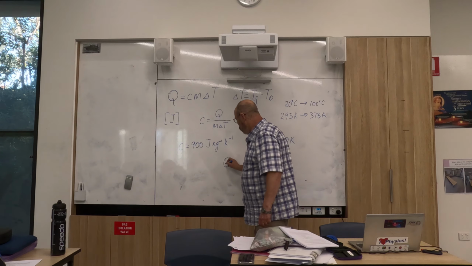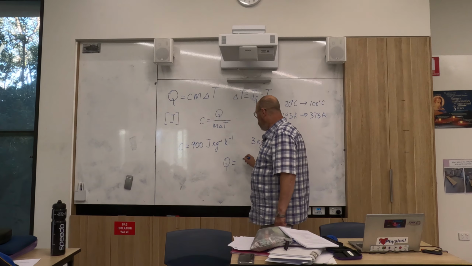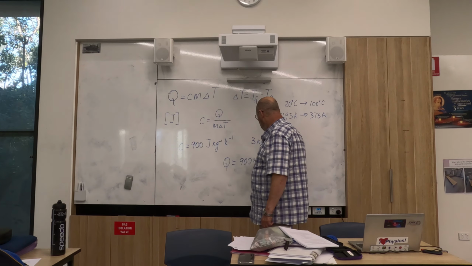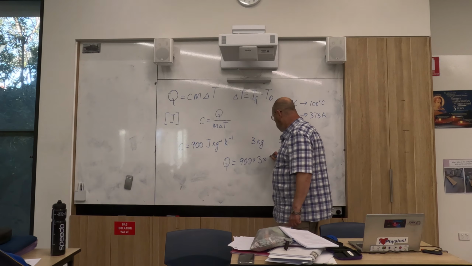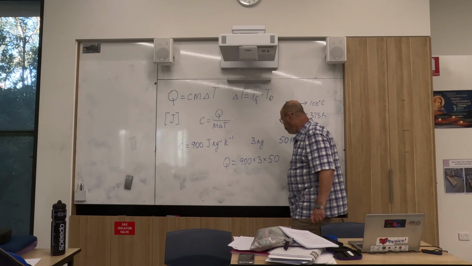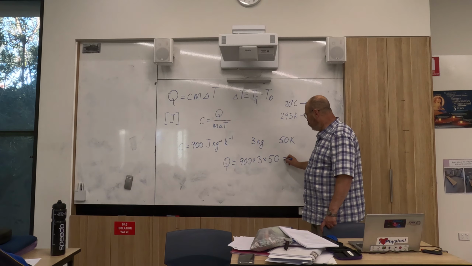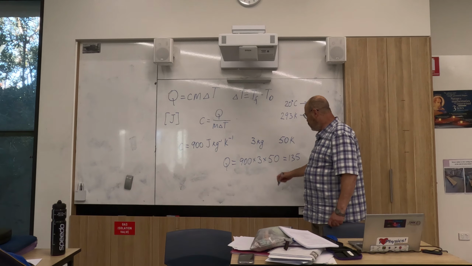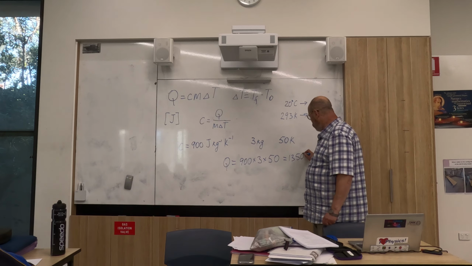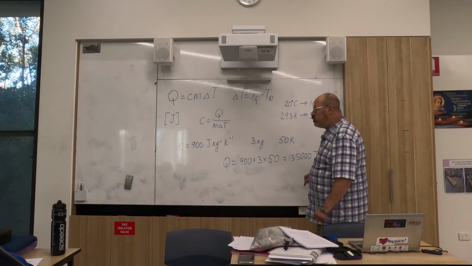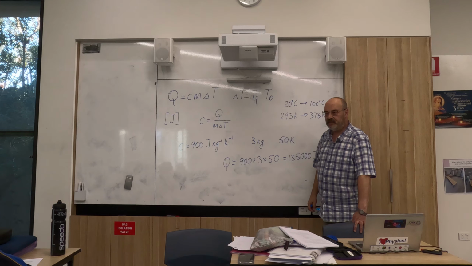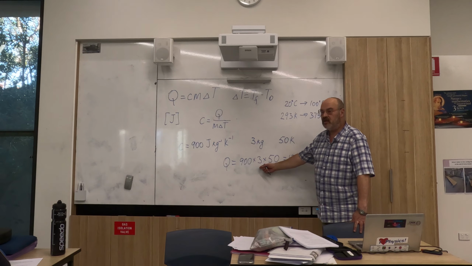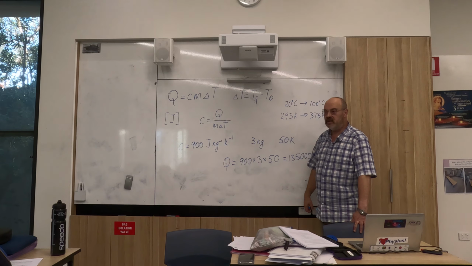So Q equals c, 900, times mass, 3, times change in temperature, 50. So it will be 135,000 joules. That many joules of energy will be required to heat up 3 kilograms of aluminium by 50 degrees.